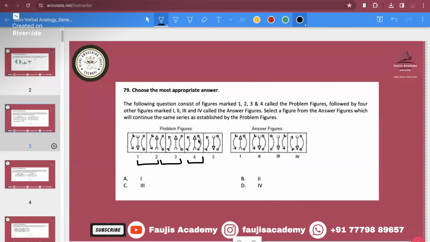So that left will change, right, sir? You are saying that the middle has changed. For the first time, the middle has changed. From here to here, the middle has changed.